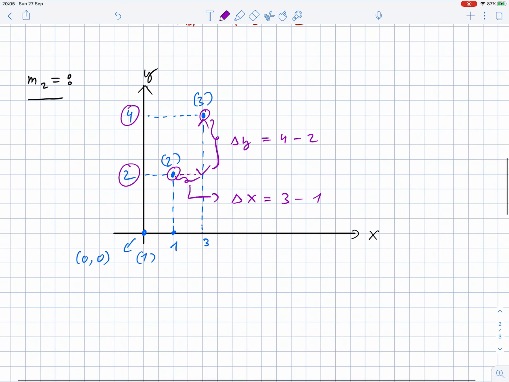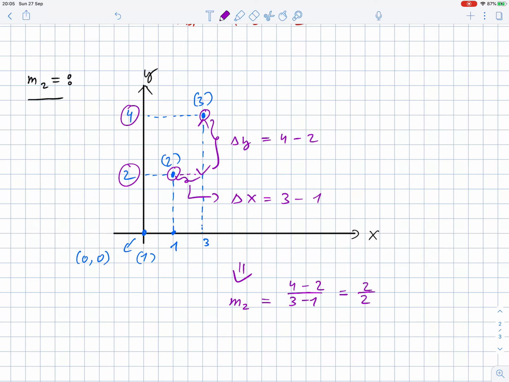Now we can calculate the second ratio. m2 equals 4 minus 2 divided by 3 minus 1, and we get 2 divided by 2.